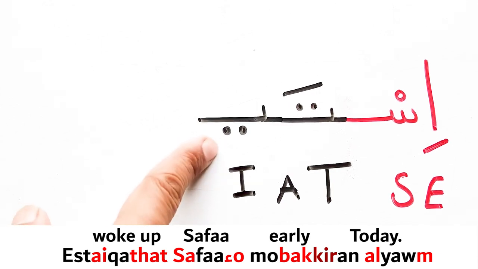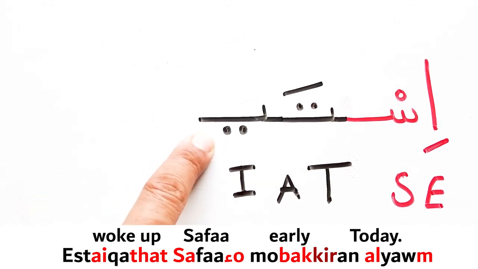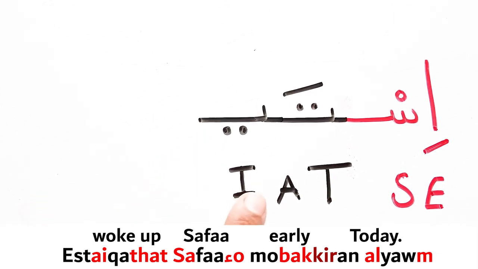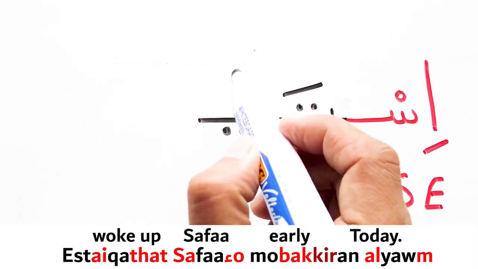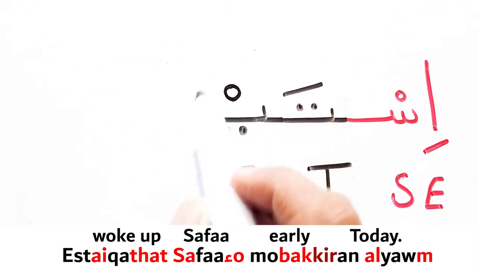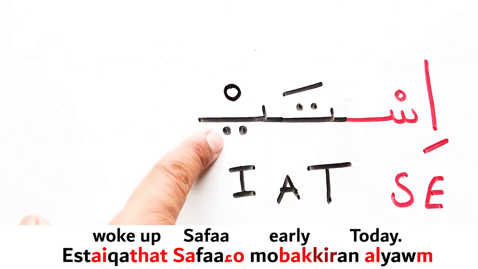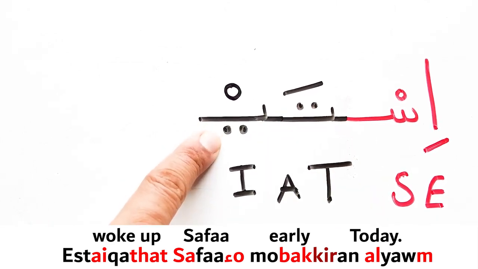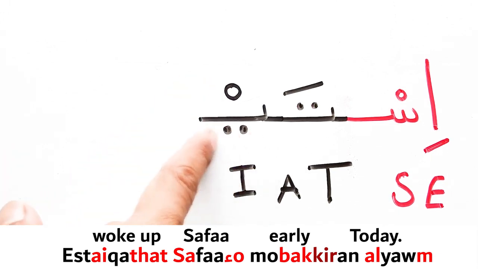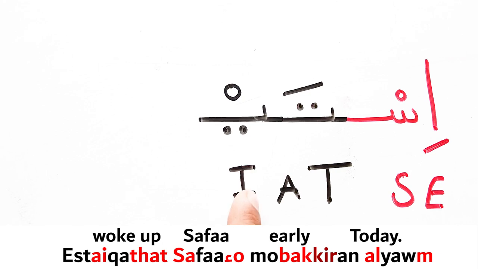Sometimes this letter sounds like Y, like E, or like I. In this situation, it sounds like I when it has sukun on the top. So when you find this letter, which is ya in Arabic, has sukun, it will sound like I. So that's why we say tay. Istay.